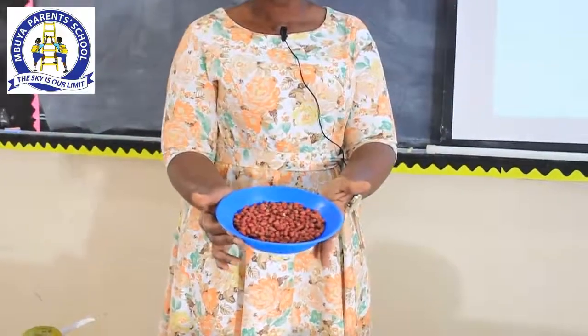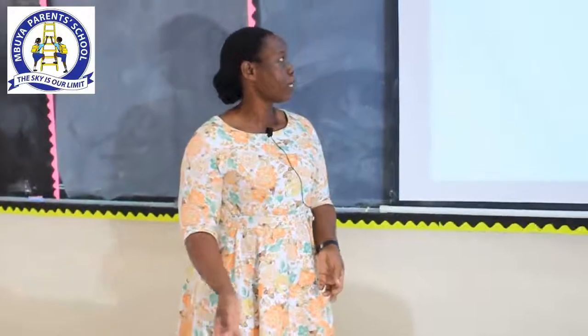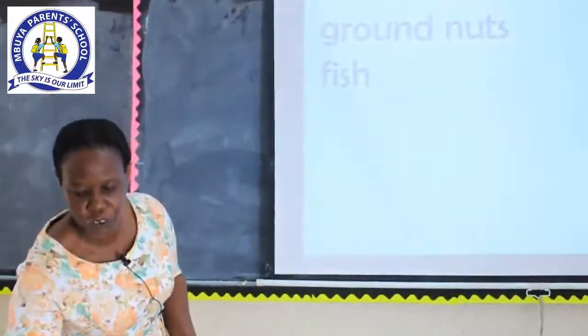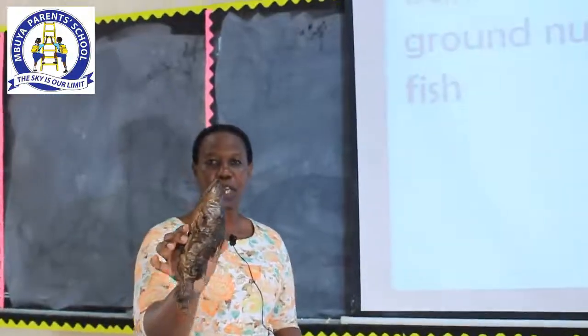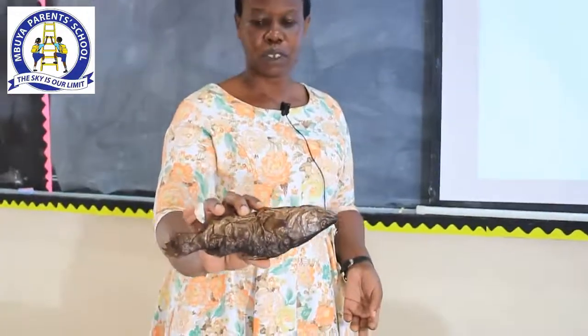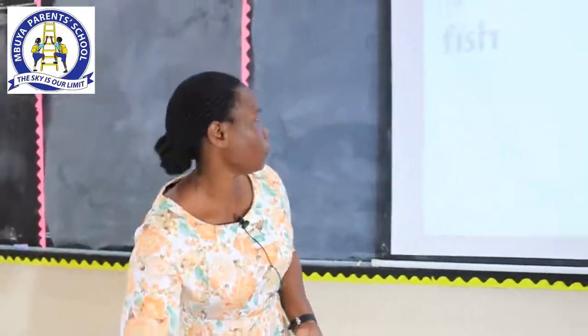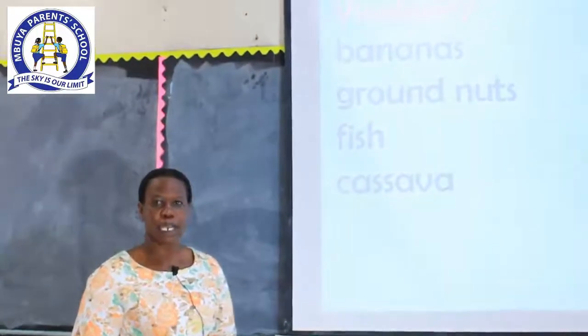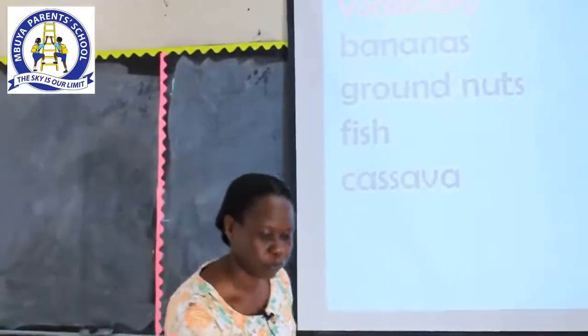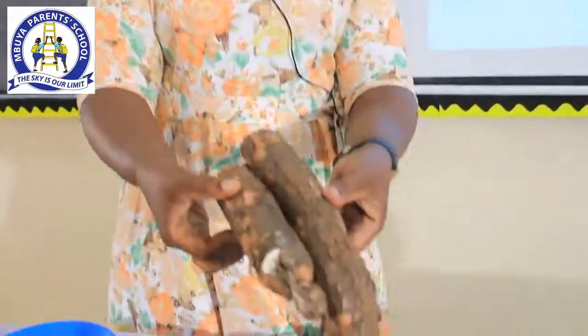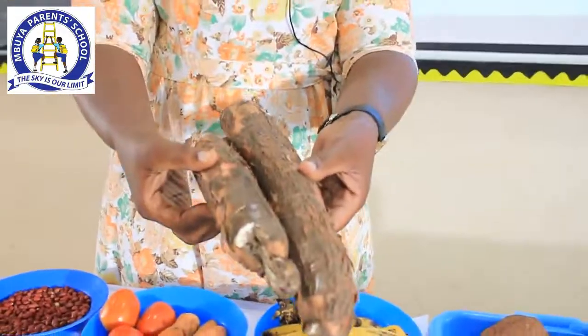Groundnuts. Let's move on. The next word after groundnuts is fish. We have here fish. Good. Let's continue. We have the word cassava.